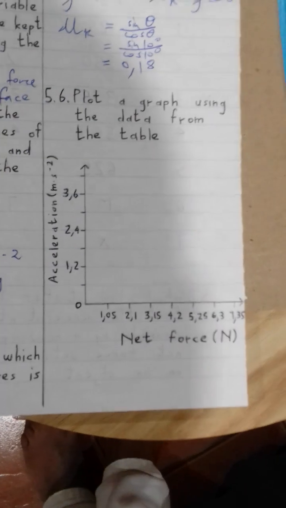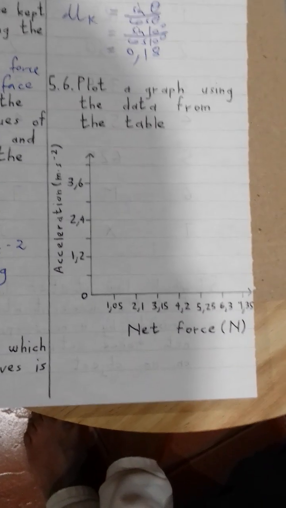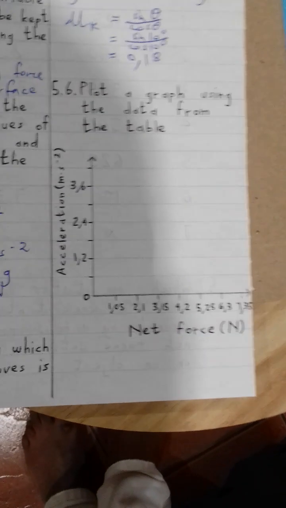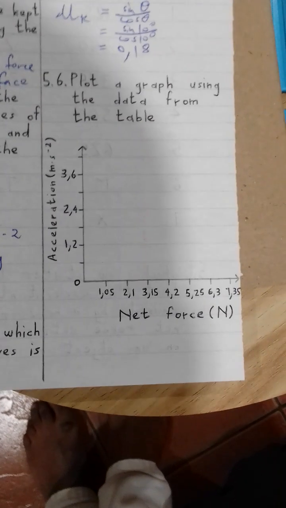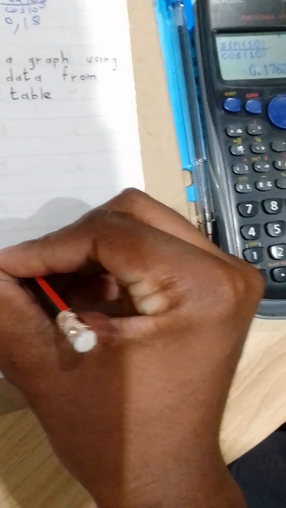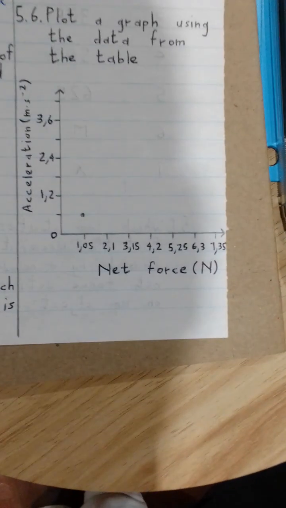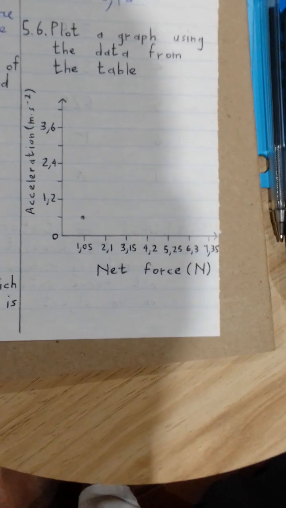5.6 states, plot a graph using the data from the table. So this is a graph of acceleration versus net force. When the acceleration is, oh sorry, I made a mistake.